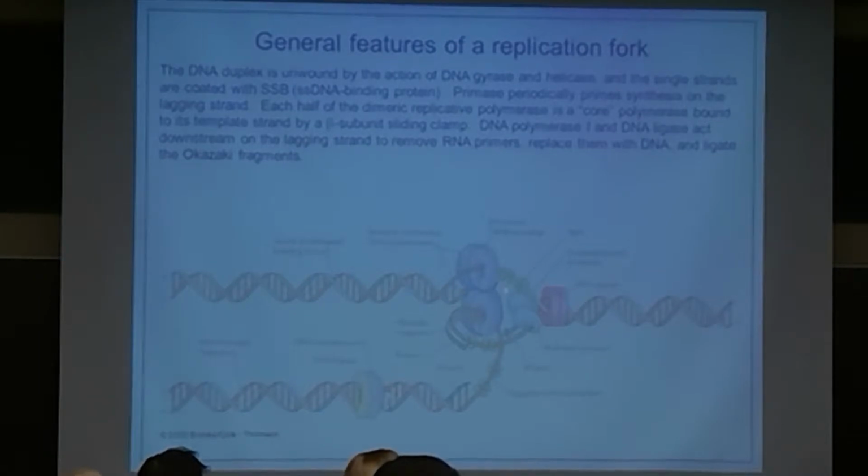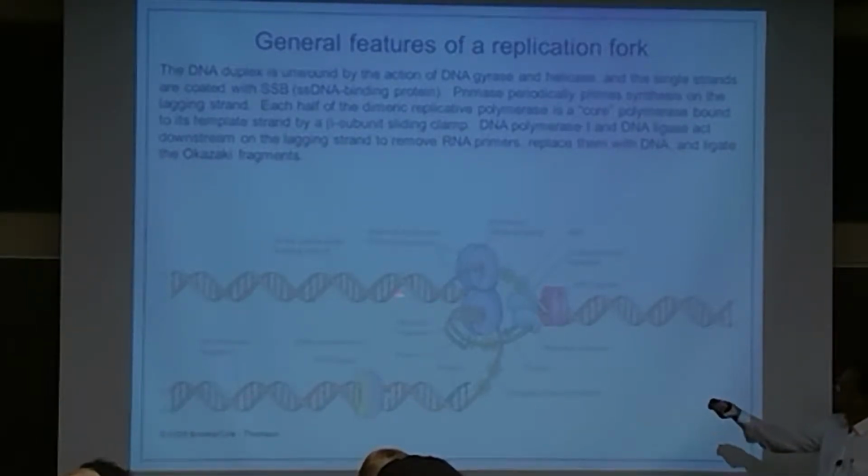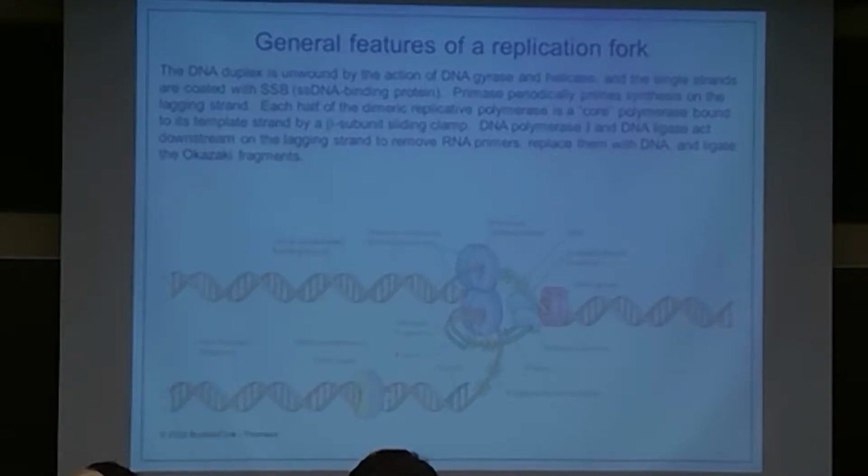There are 2 DNA polymerases, so there are 2 pol active sites in 2 different DNA polymerases, correct? One is helping the replication of the leading strand, another helping the replication of the Okazaki fragment. Does it make sense? So this is polymerase 3. Polymerase 3 is the actual enzyme which helps copying the genome in E. coli. Does it make sense? While pol 1 does help the processing of the Okazaki fragment.